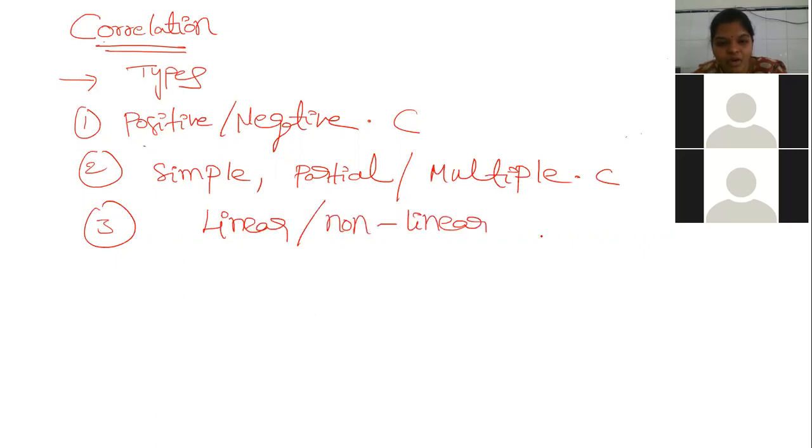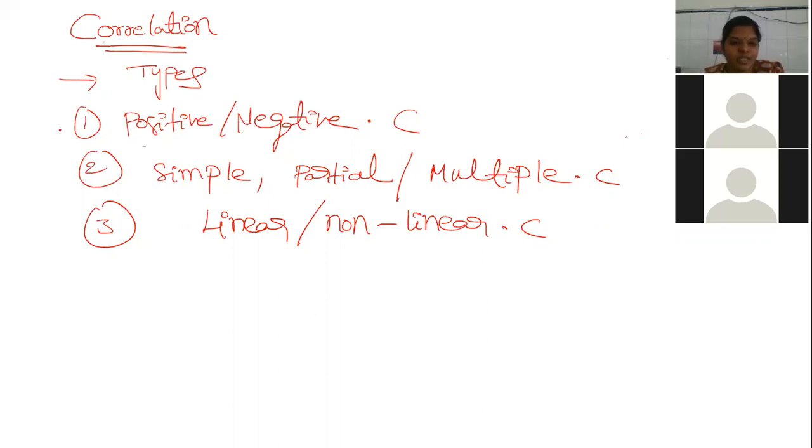So we are going to analyze the relationship, whether it is positive or negative or whatever it may be, between the two variables. We can find this out by using these different types of correlation: positive or negative, simple, partial or multiple, and linear or non-linear correlation.